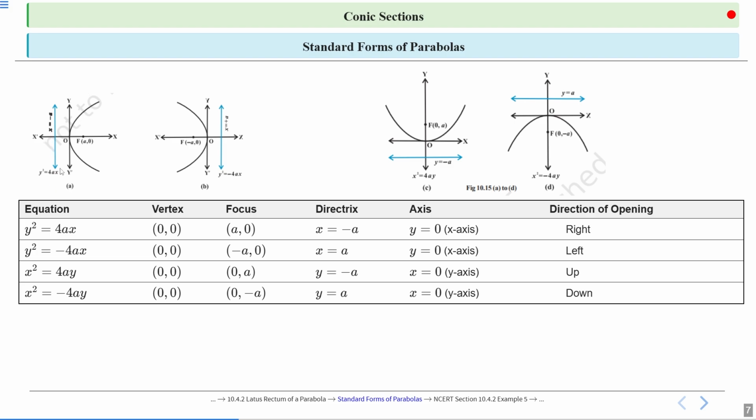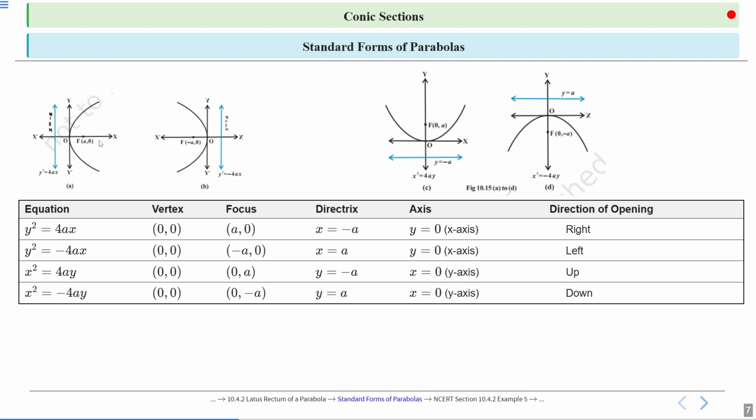In the first figure, the standard equation of the parabola is y square equal to 4 times ax. For this parabola, the vertex is at the origin (0, 0), the focus is at (a, 0), the equation of the directrix is x equal to minus a, and the axis of the parabola is the x-axis, whose equation is y equal to 0.